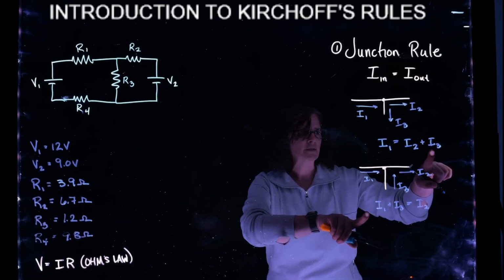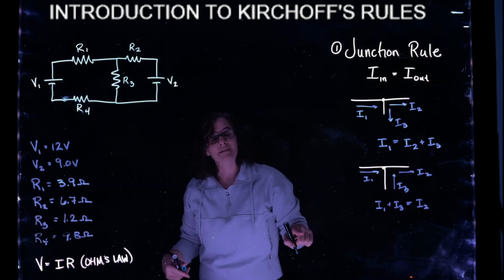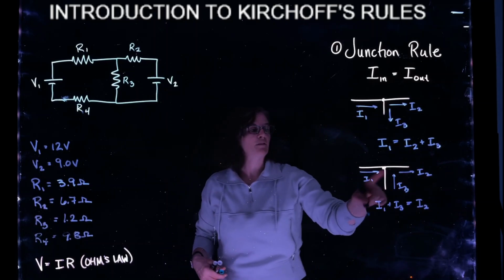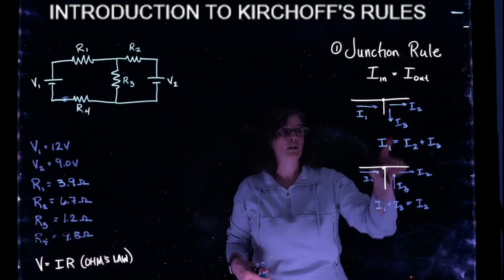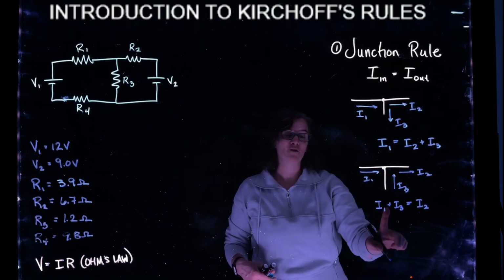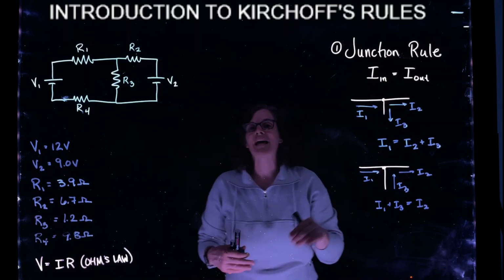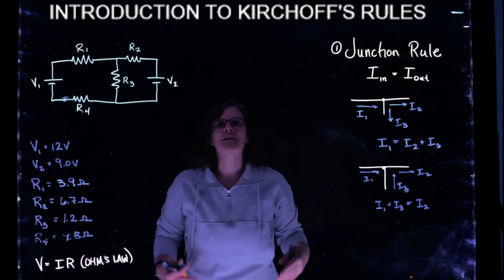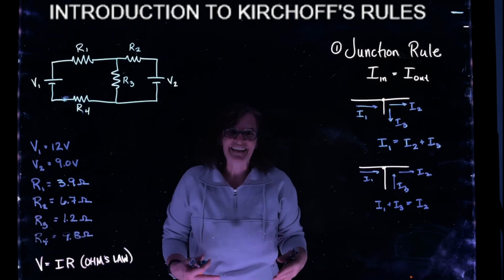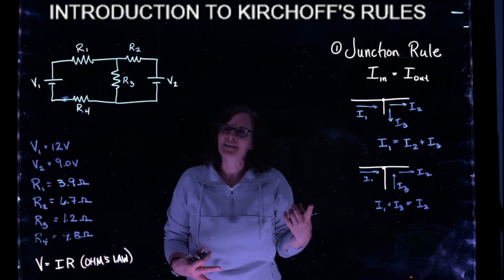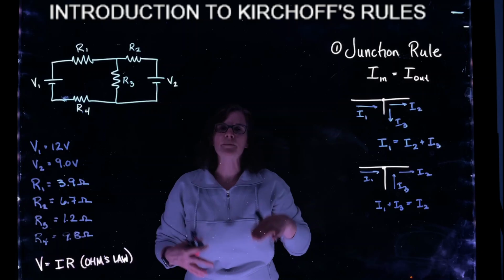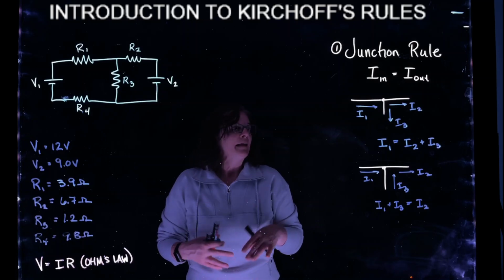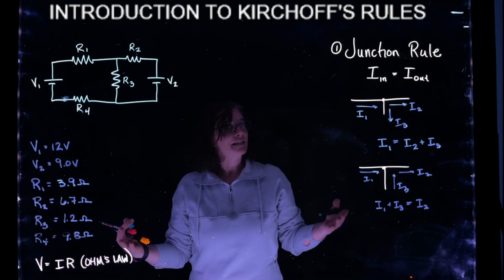Those are different equations. However, the physics will tell me if one of these is incorrect. Because if I3 really does go out and I've drawn it going in, when I solve for I3, it's going to be negative. And if it's negative, that tells me, oh, you made a mistake. The current's in the wrong direction. So when you complete the analysis, you know it should be going in the other direction. If it's positive, I didn't make a mistake.